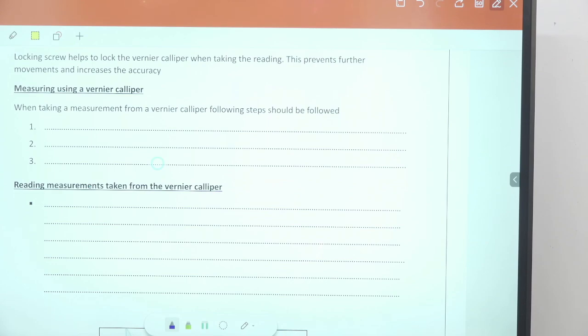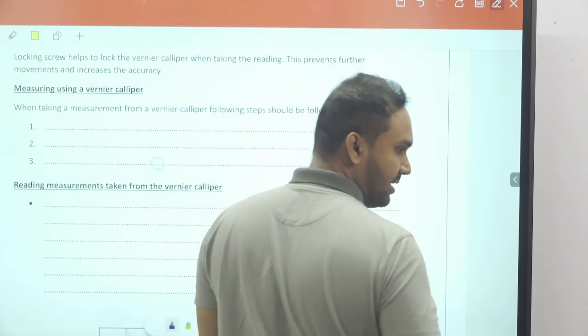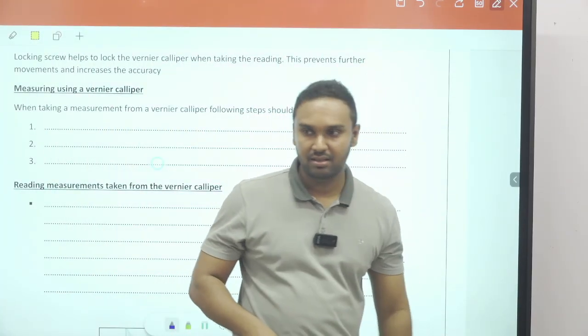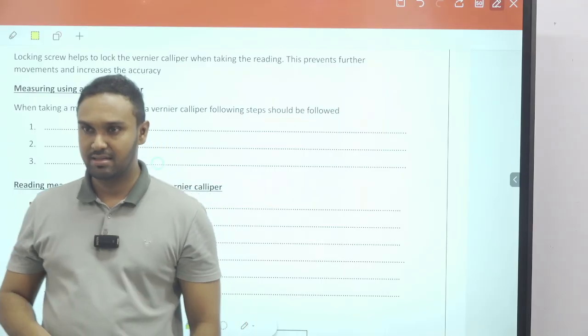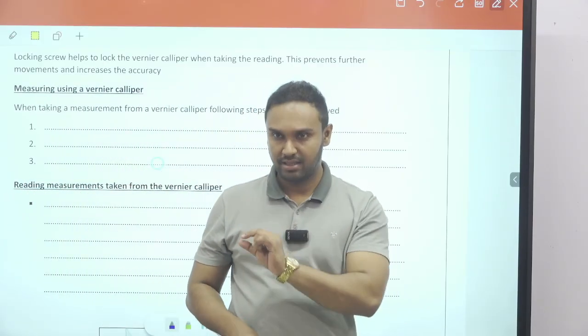I think yours is different. You don't count the 0. The first line is 0, you don't count it. So mostly the verniers you have are 10 vernier divisions aligned with 9 main scale divisions.